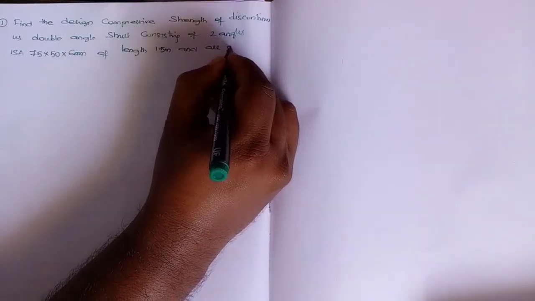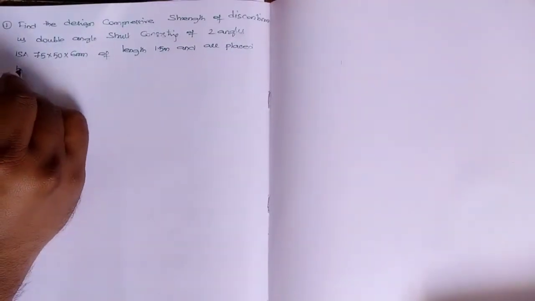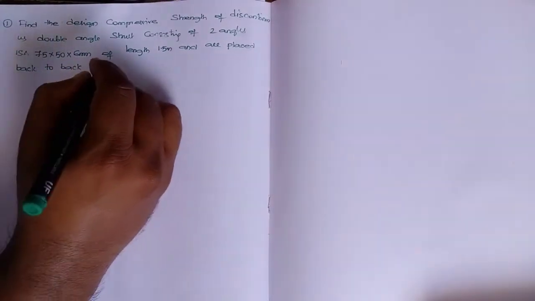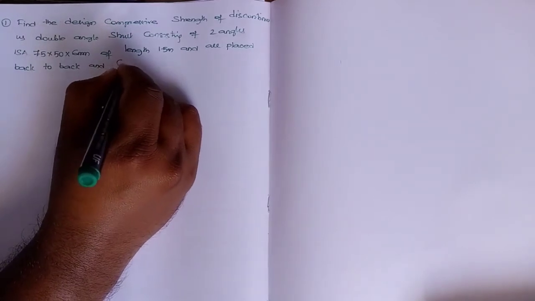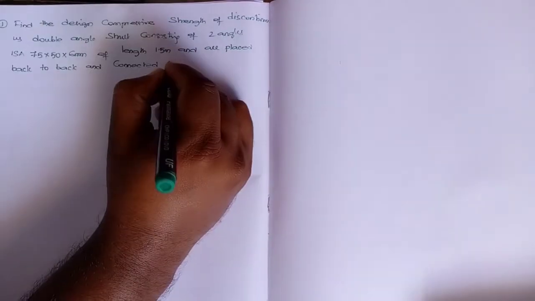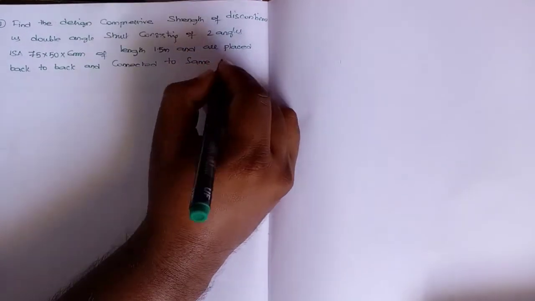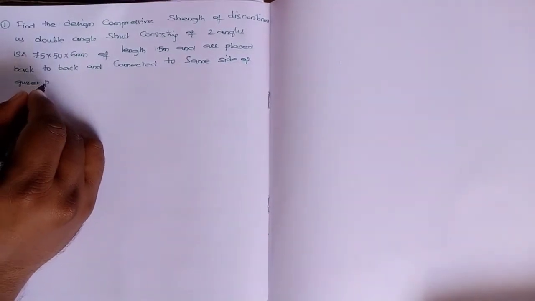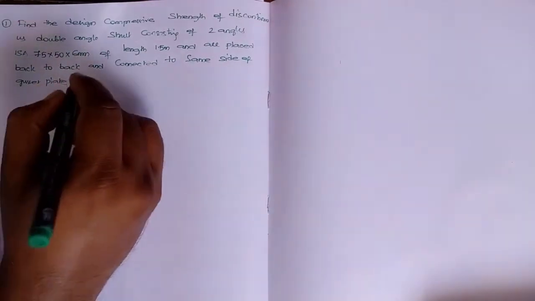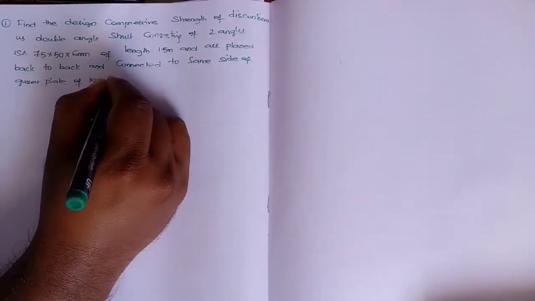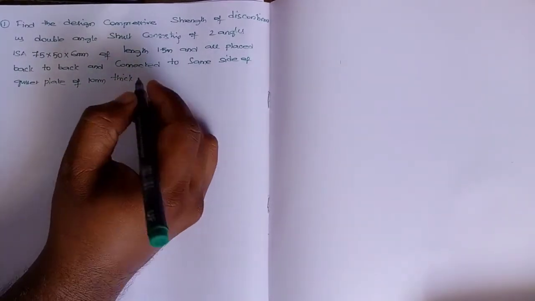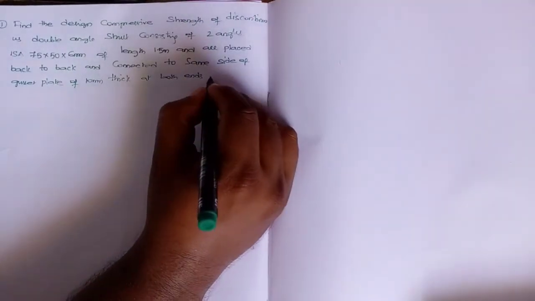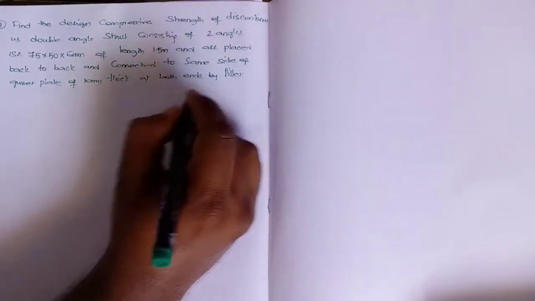are placed back to back and connected to same side of gusset plate of 10 mm thick at both ends by fillet weld.